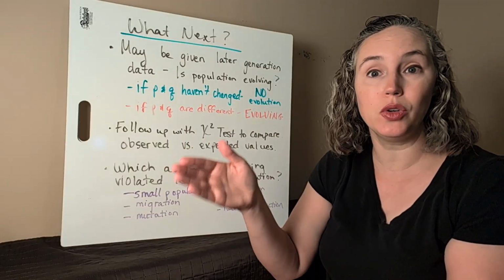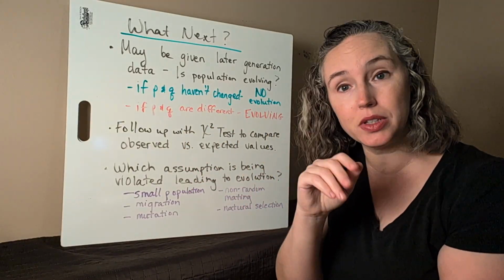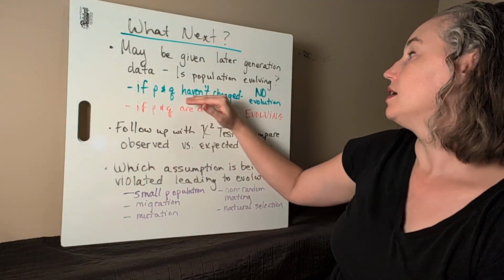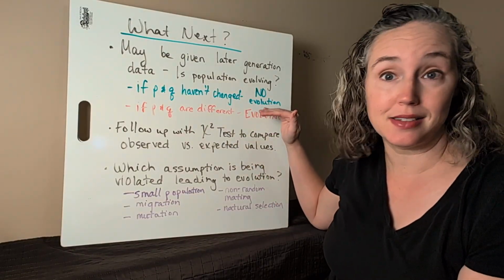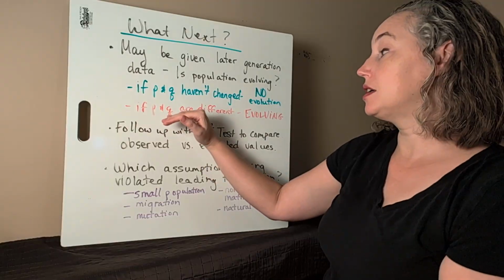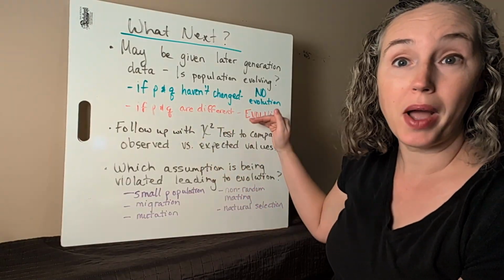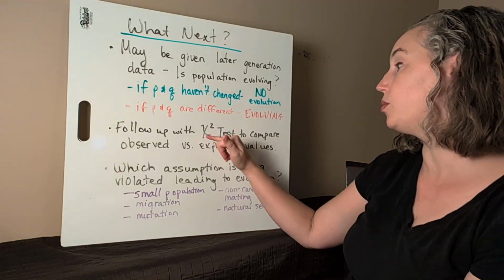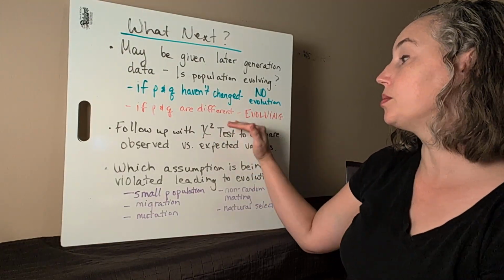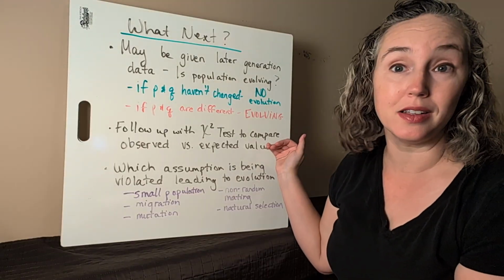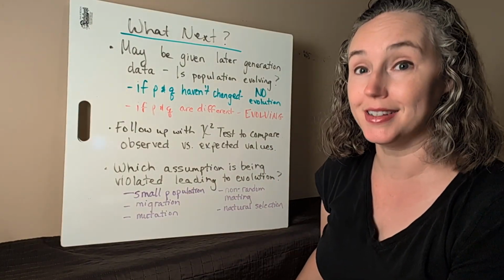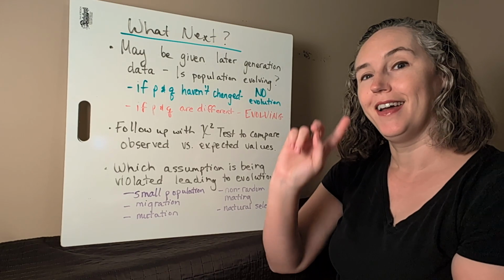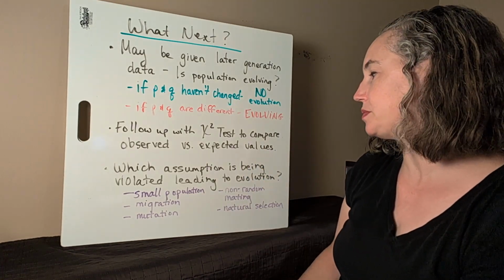And if p and q remain consistent or relatively consistent, then no, evolution is not happening. If p and q are different, then yes, the population is evolving. It might also follow up with a chi-squared test to compare observed versus expected values. I'll actually be doing an example of a video like that a little bit later this week.